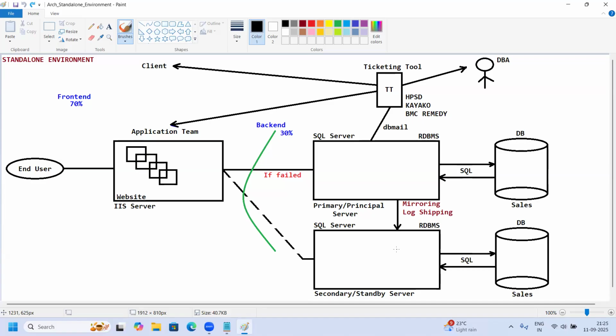Whenever the primary server fails, it automatically switches over from primary to standby. Remember, when it switches over to standby, the standby now becomes the primary.